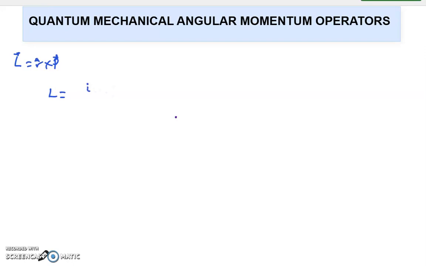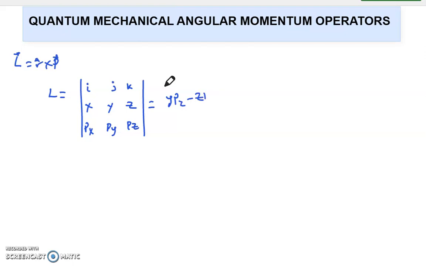i, j, k, crossed with x, y, z, and then we have our px, py, pz. If we do our cross product here, we will simply have the i part as y pz minus z py.